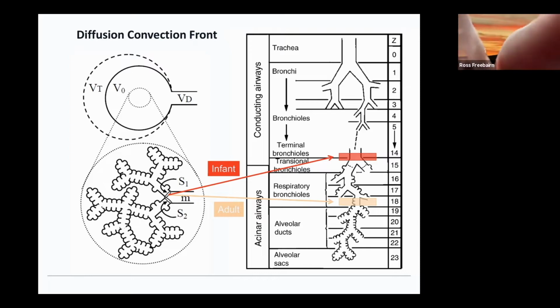Adults have a more distal convection-diffusion front compared to infants. That's purely related to the anatomy.